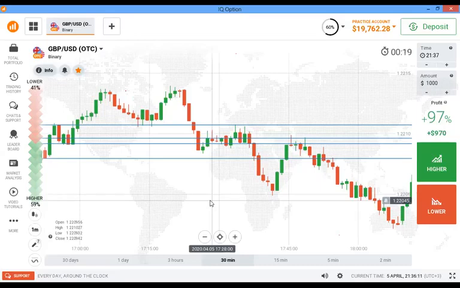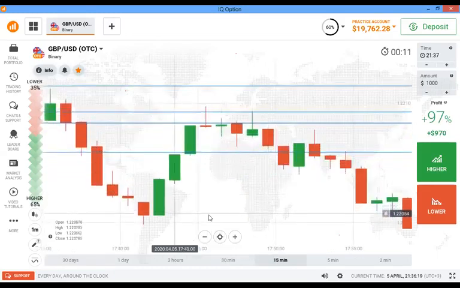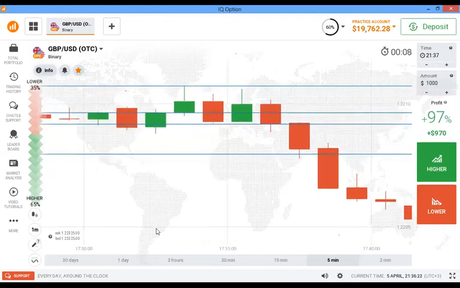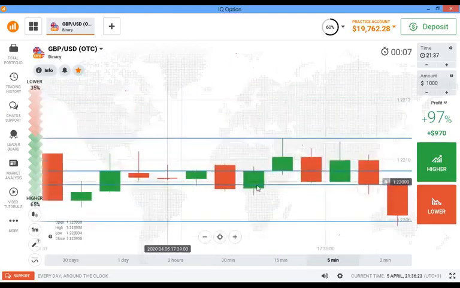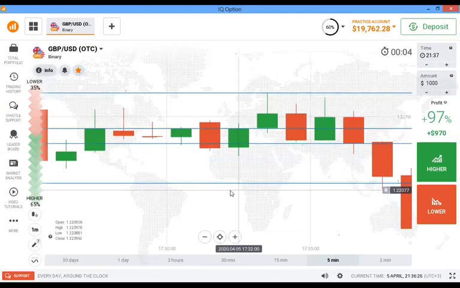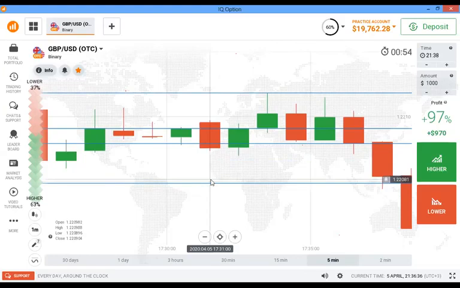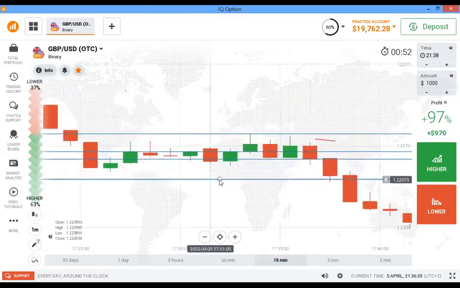Okay, any more questions? Teacher, could you zoom in a bit? Okay. Is it on this level? Yeah. Initially, I saw you draw the buyer's area on this candle.